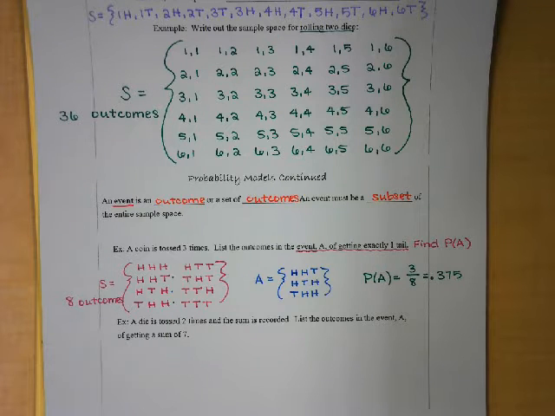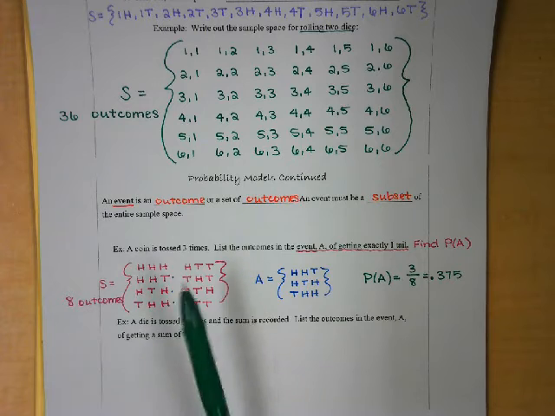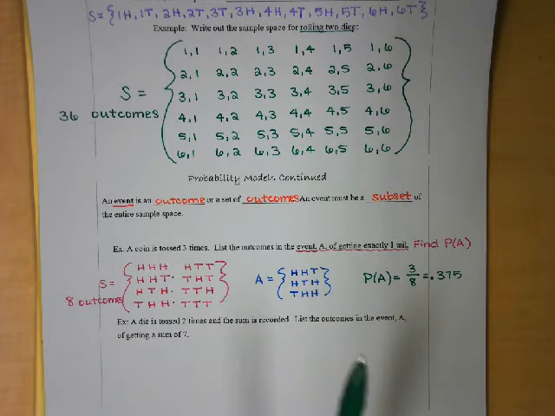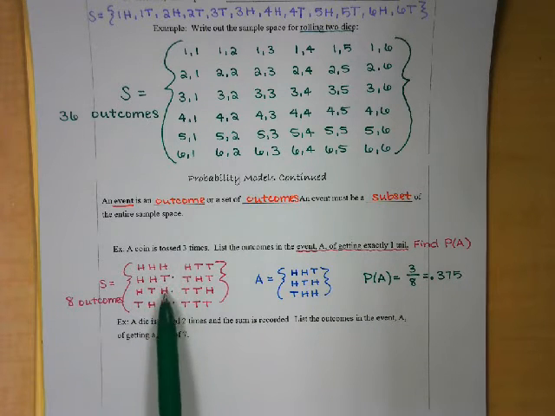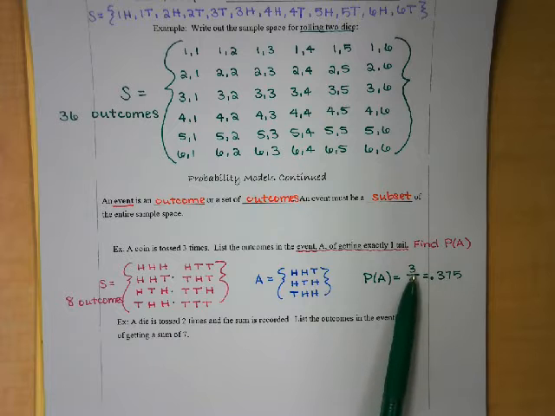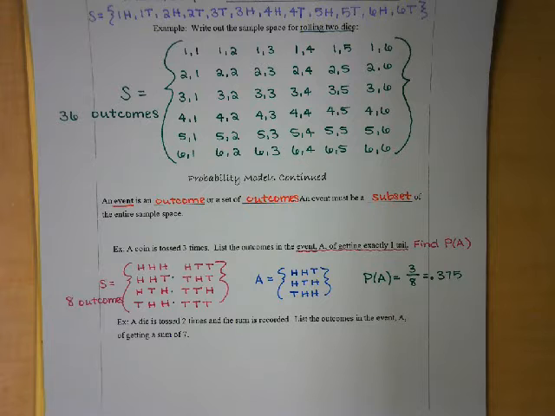Now that would be over a long series of repetitions of throwing a coin 3 times. I would not expect to throw a coin 3 times for 8 repetitions and get one tail 3 out of the 8 times I did it. It is possible, but it's not likely. Probability, remember, is what happens over a long series of repetitions.